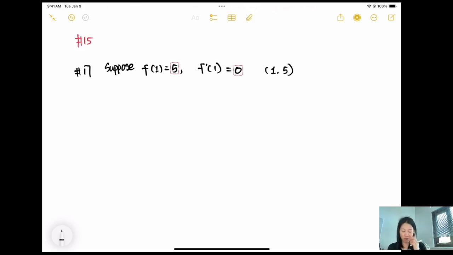There are a couple of options here. A: if f prime of x is less than 0 for x less than 1 and f prime of x is greater than 0 for x greater than 1.